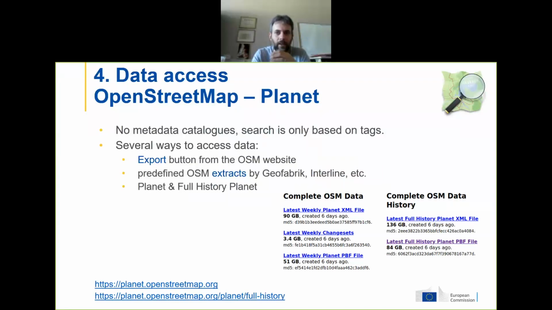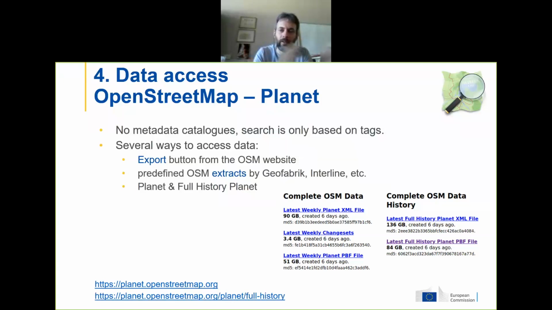Then you can have a bulk download of everything. And you have these planet files. There are tens of gigabytes of XML or PBF files. In that case, you will download the current situation of OpenStreetMap for the whole world, the whole map, the whole database now. But you can also download the complete OpenStreetMap data history.